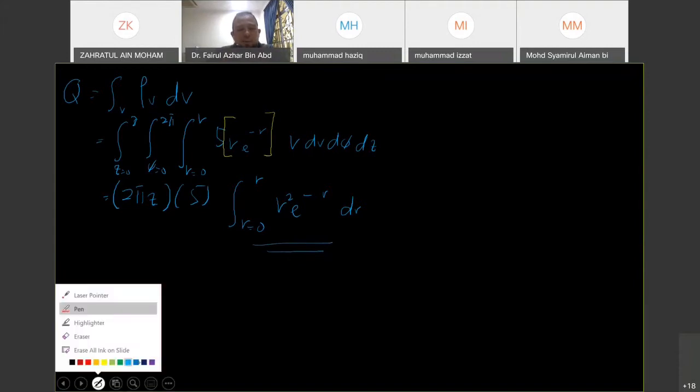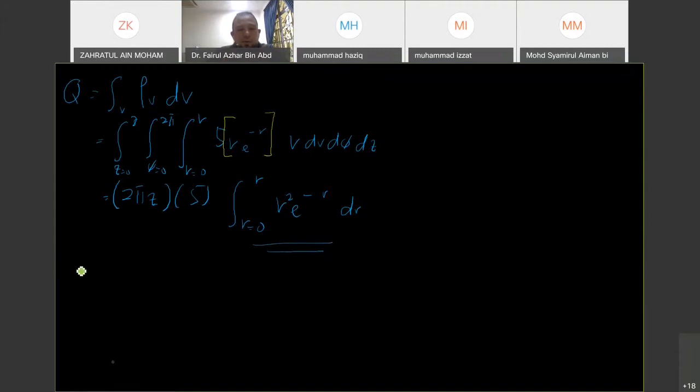If you still remember, you have u equal to r squared, and then v equal to exponential minus r dr. Then you need to make du over dv, and integrate to get the solution for this.